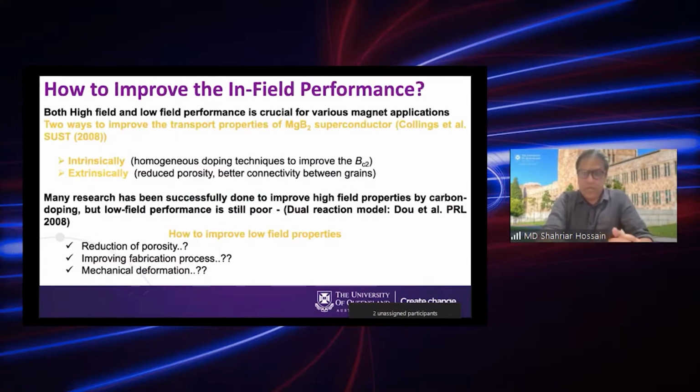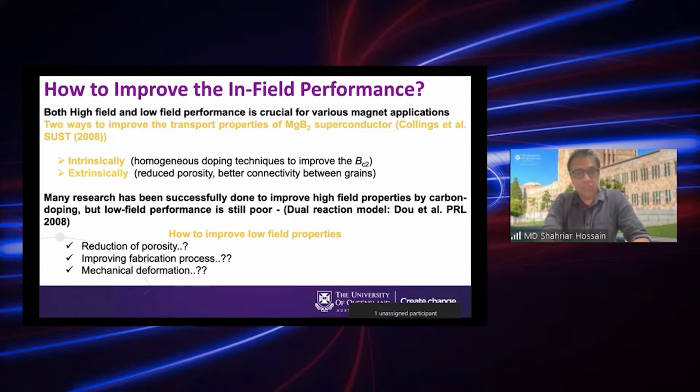All right, as you already know, improving the in-field performance of MgB2 wire is very, very important. We need to improve not only the high field but also the low field. If you look at this paper, Ted Collings published in 2008, MgB2 wire performance can be improved intrinsically and extrinsically.